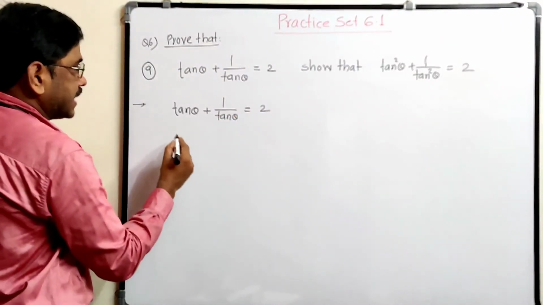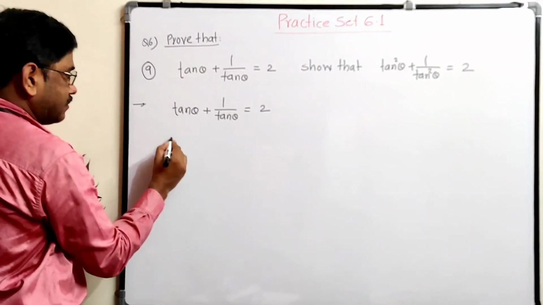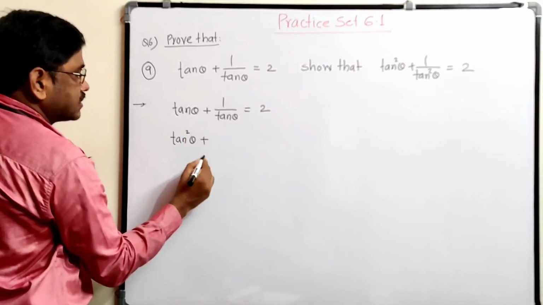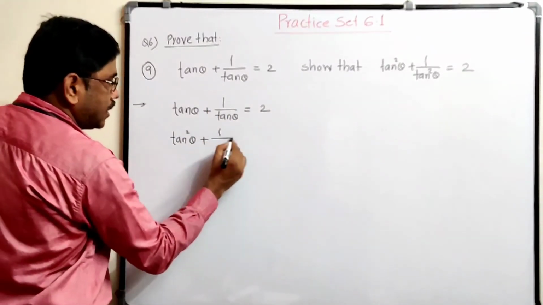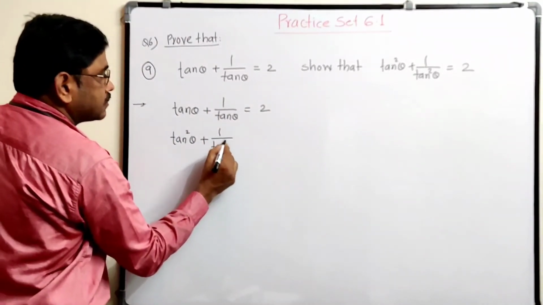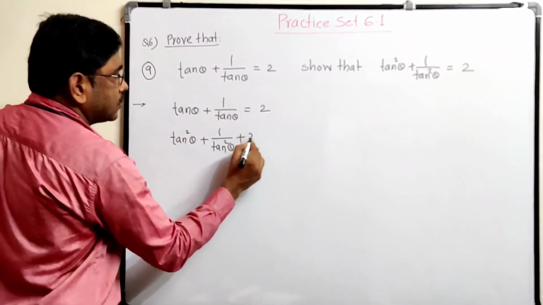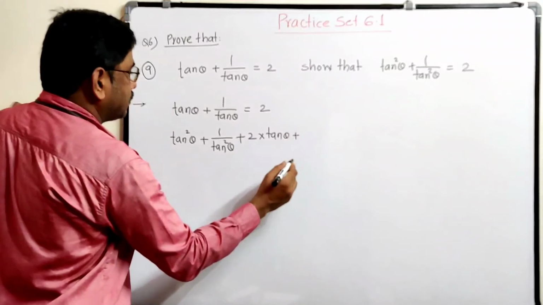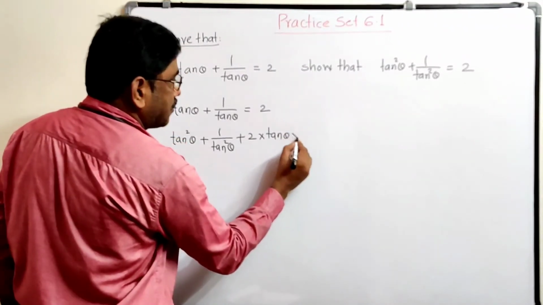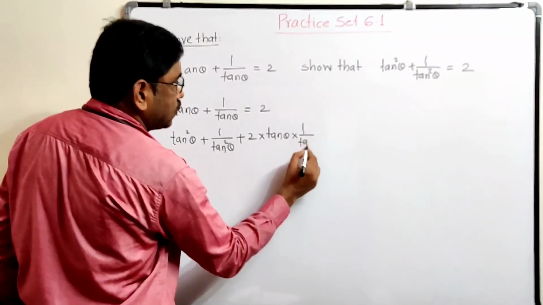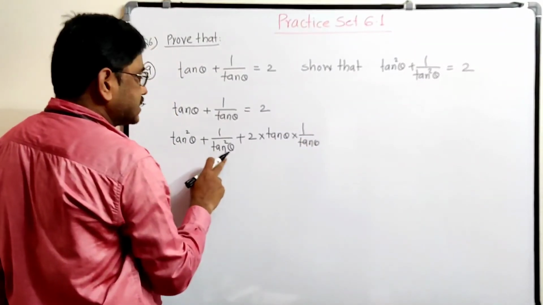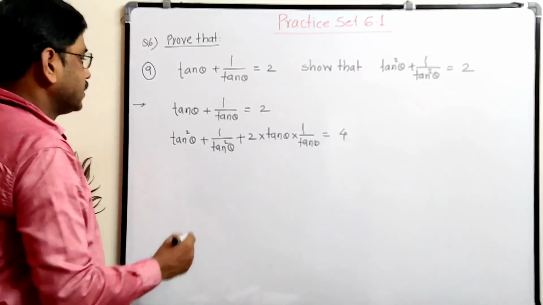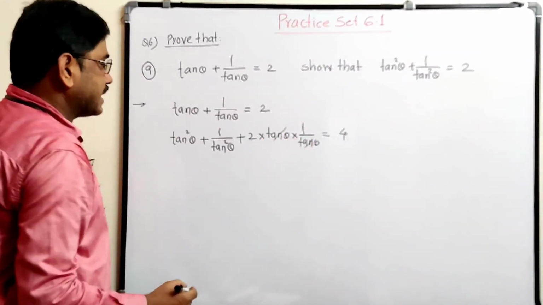Now squaring both sides. So we get a square, tan square theta, plus b square, 1 upon tan square theta, plus 2 into tan theta into 1 upon tan theta, means 2ab. A square plus b square plus 2ab is equal to the right hand side square, which is 4. So here this tan and this tan get cancelled.